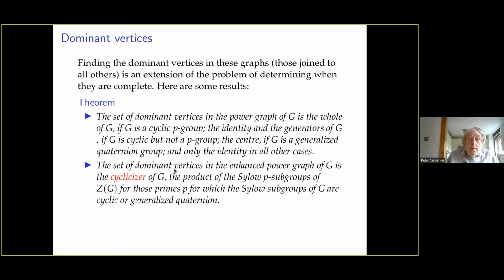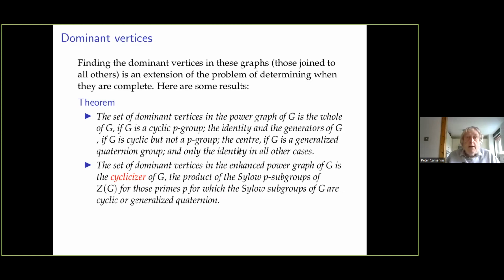So these are the group elements X such that for any Y in the group, X and Y generate a cyclic group. And you can show that this is the product of the Sylow p-subgroups of the center over those primes p for which the corresponding Sylow subgroups of G are either cyclic or generalized quaternion. So that's what it looks like. It's a subgroup of the center.